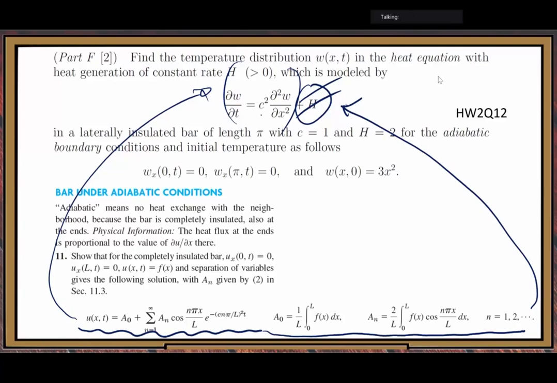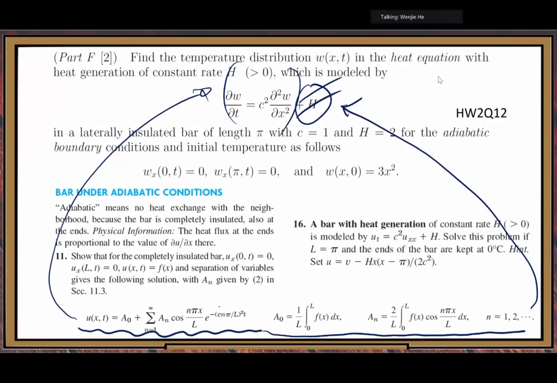You need to use a new function, v function. Your goal is to convert it to a v function version without capital H. Without capital H, you can apply this formula. With capital H, you cannot apply this formula directly. So the textbook gave us how to do the substitution.